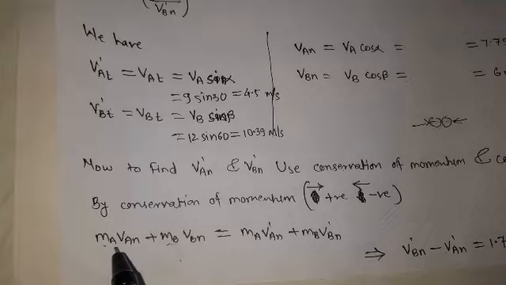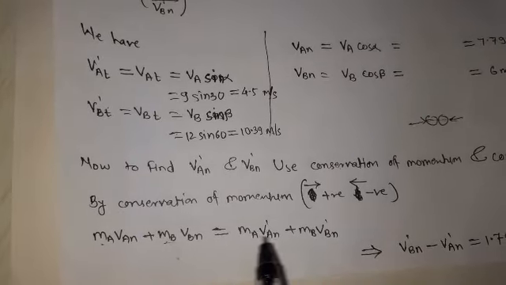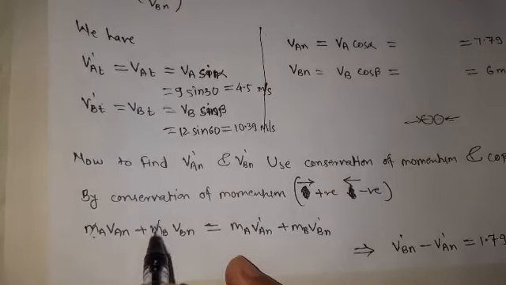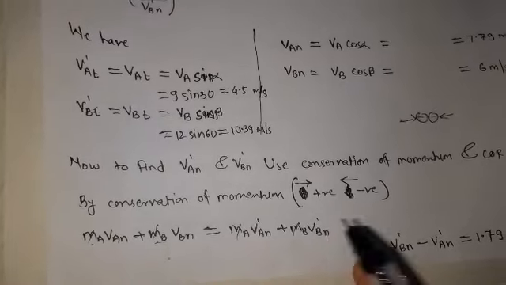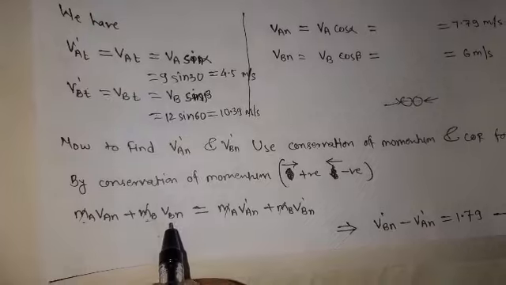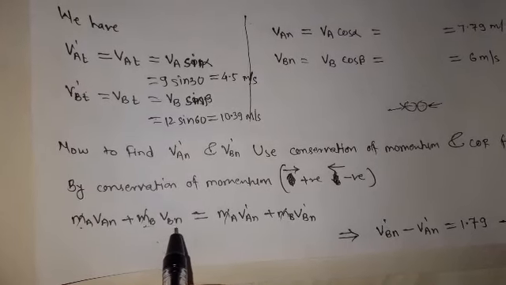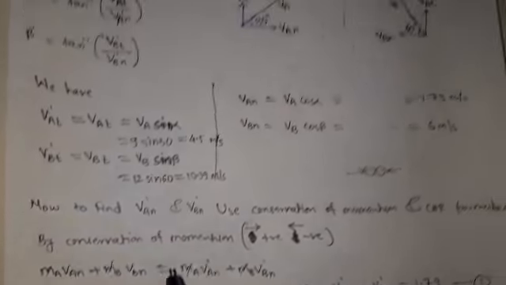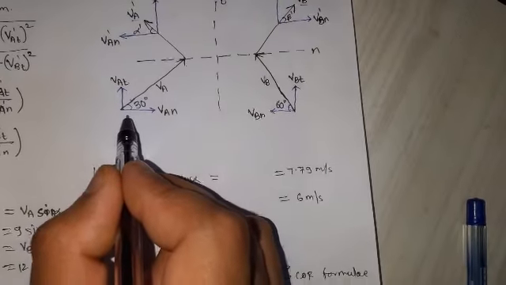If you see, the mass term is common and they are equal, so I can cancel out this mass term from each term. And van, that is the initial velocity in n direction. How can we find it directly?